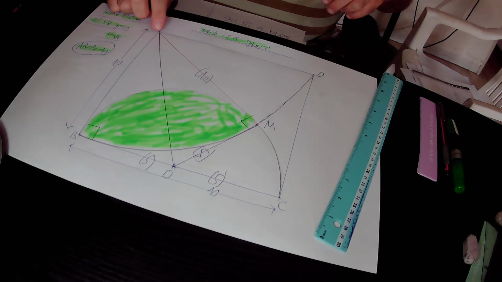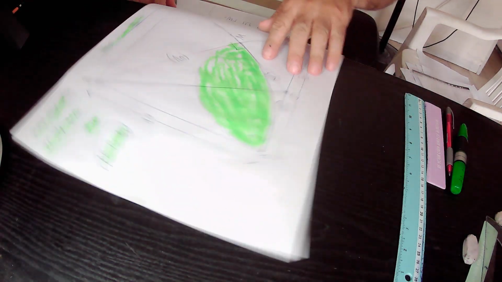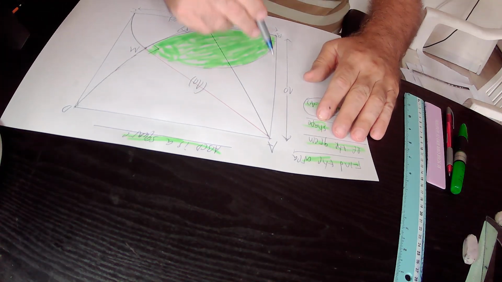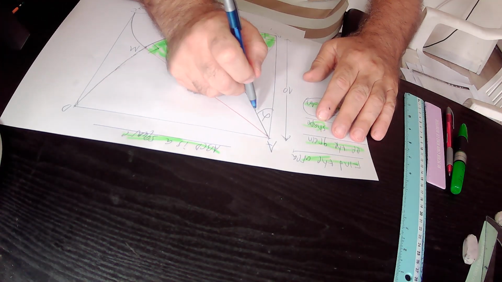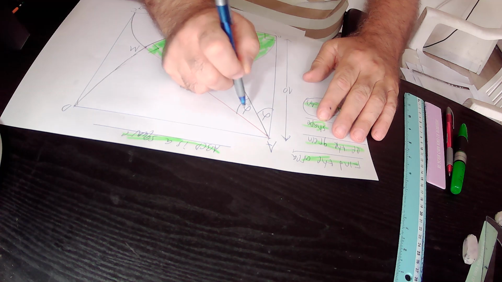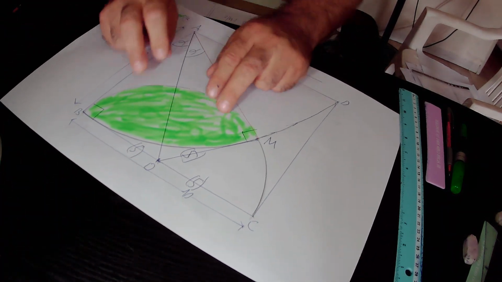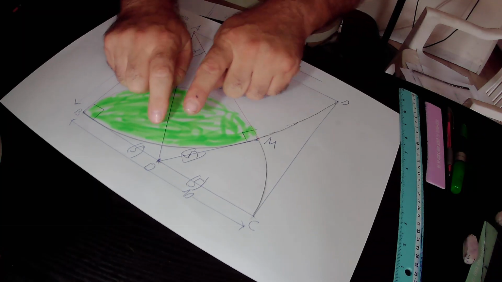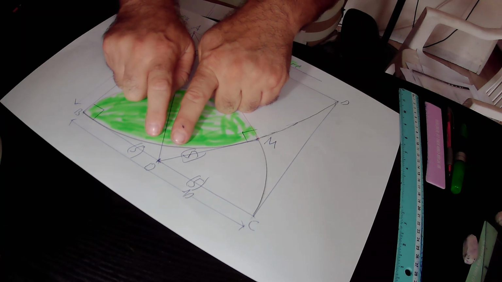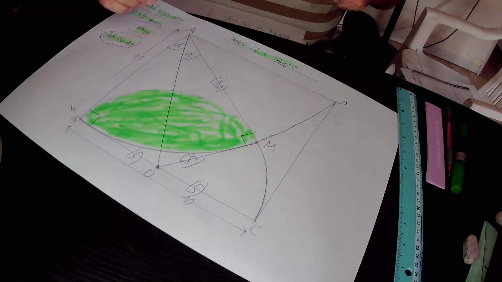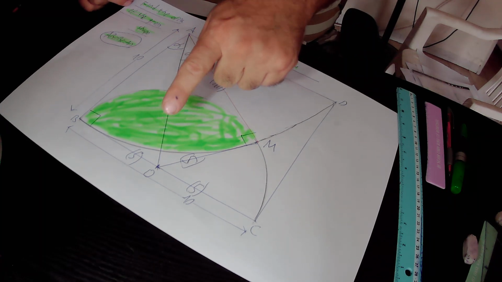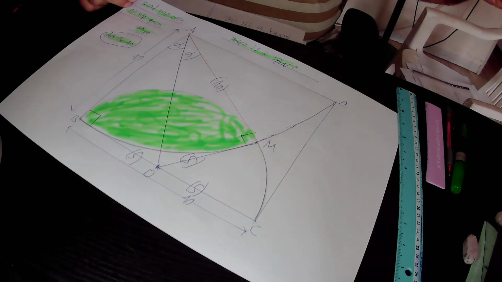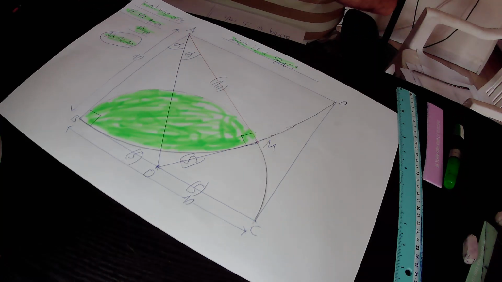Likewise, those two angles must also be equal to each other according to the same rule. So if we define the size of this angle as beta, then the size of this angle must also be equal to beta.